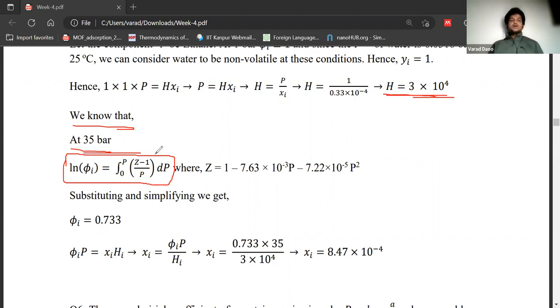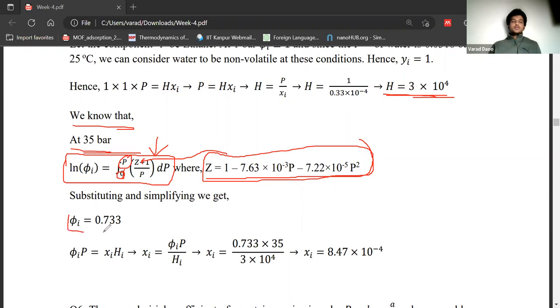Last week we solved quite a few examples on this. So ln phi is equal to the integral from 0 to P of (z minus 1) by P dP, where the expression for z has already been given to us for ethane. We put in the values for z, do the integration, separate out the terms, put in limits 0 and 35 for pressure, and we end up with phi equal to 0.773.